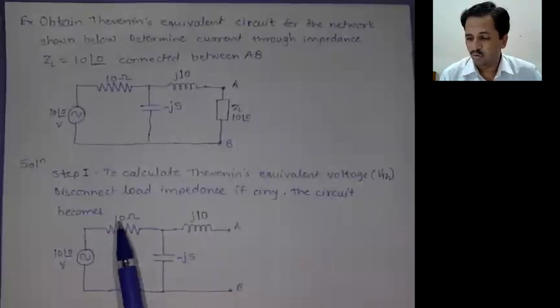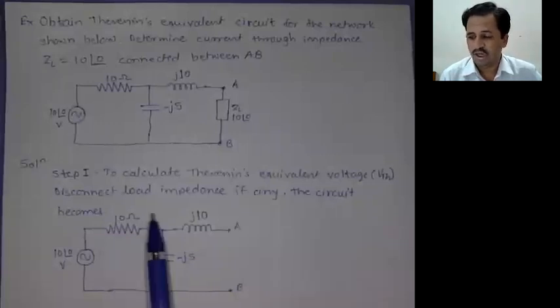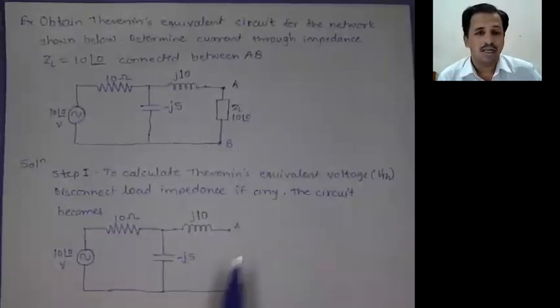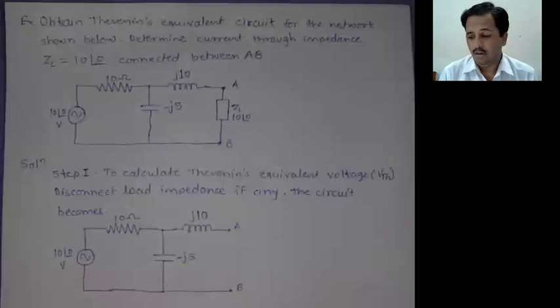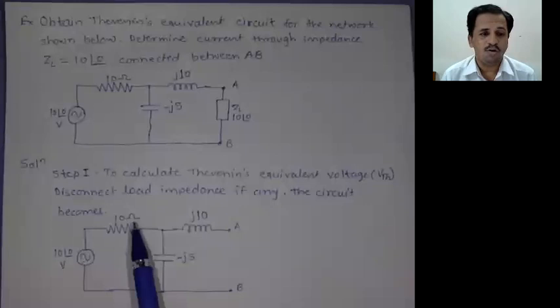Now here we have to disconnect the load impedance, and the circuit should look like this. Now for this circuit we have to find out the current. The current must be flowing like this.